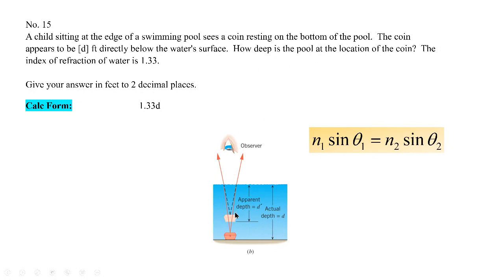Okay? So you can say, gee, oh, I know now. And the only thing you have to be careful in trying to use it is to say, what is N1, what is N2? Well, N1, because what you see is the light ray that comes from the bottom. So this one is N1, this one is N2.